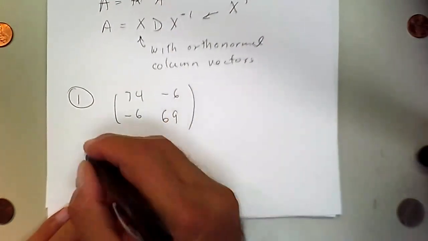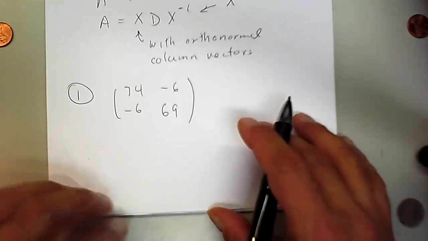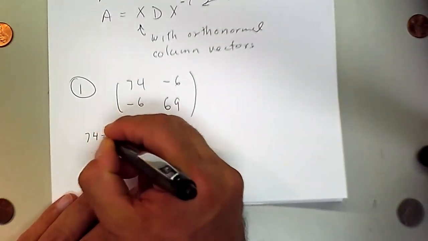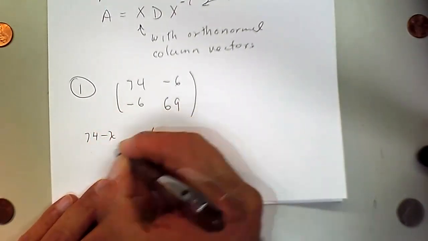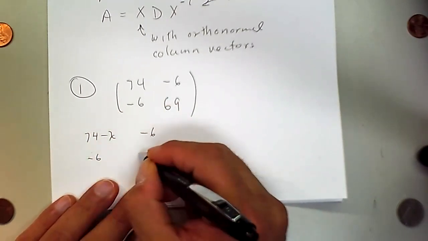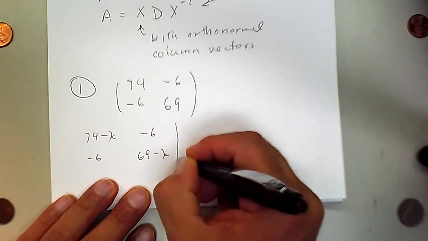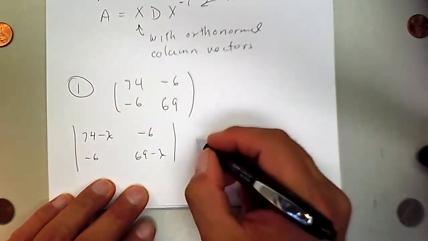Okay, so we're going to start out with the matrix 74 minus lambda, -6, -6, 69 minus lambda, and we're going to find the determinant of that.